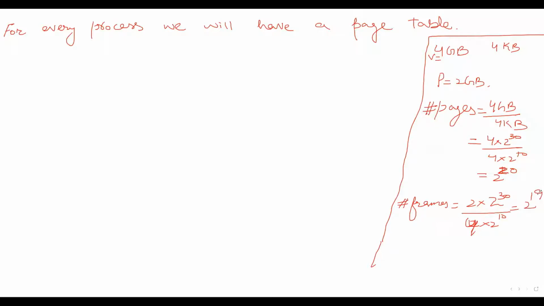So there are 2 raised power 19 frames, and these frames are physical memory. And these pages are for every process. Okay.